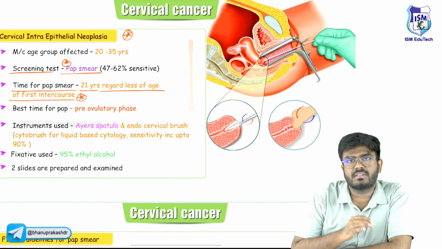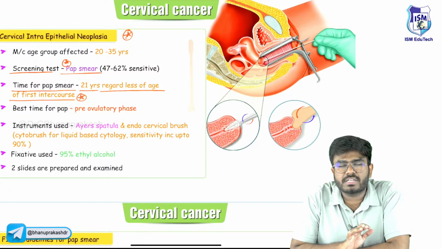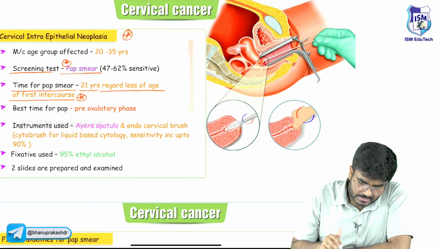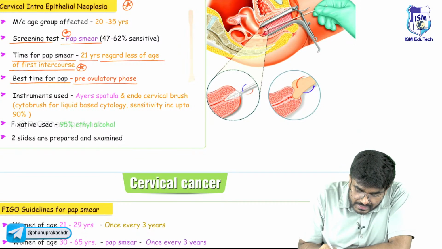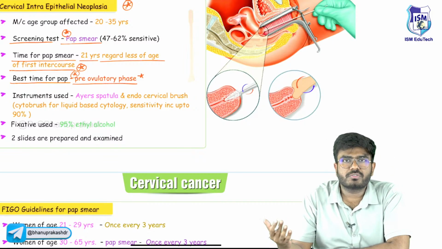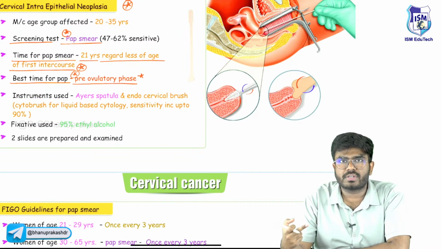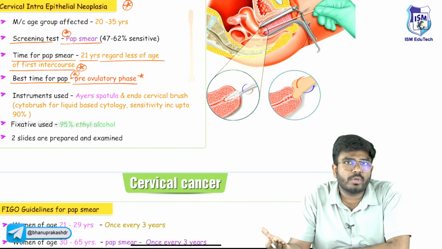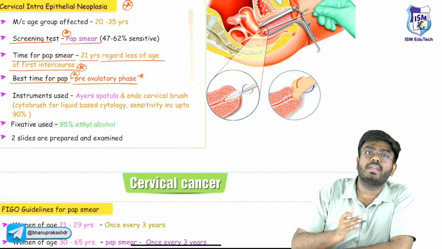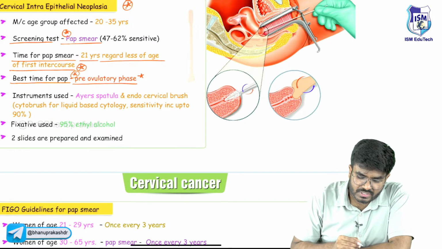What is the best time for the pap? It's the pre-ovulatory phase. She knows her cycles, and on the 14th day she is going to ovulate. So in the pre-ovulatory phase we do the screening test called a pap smear.